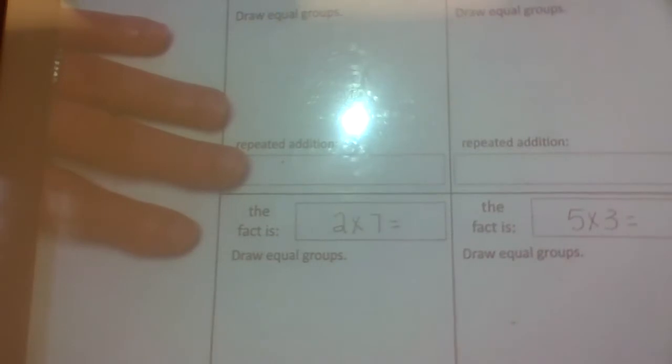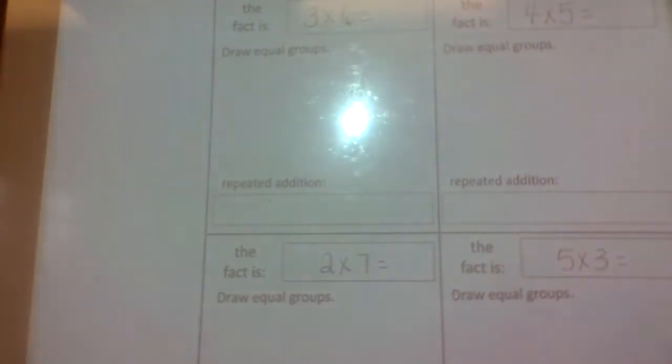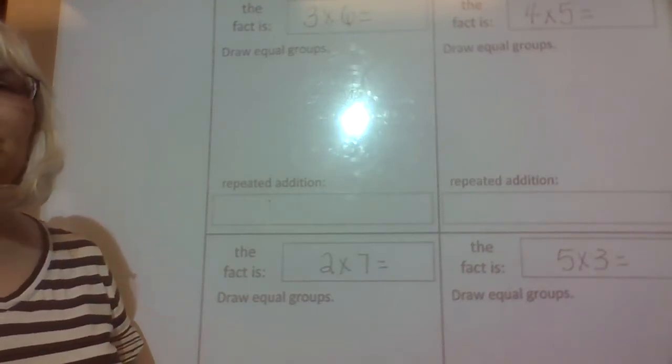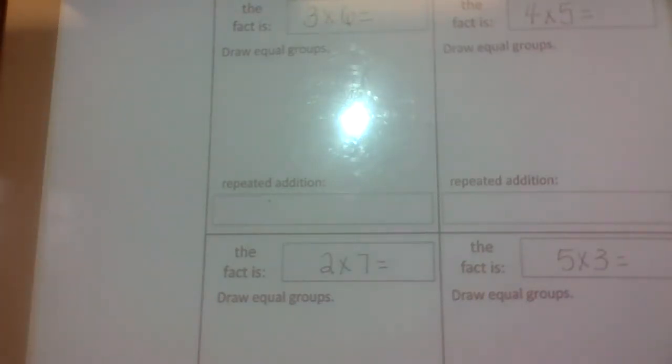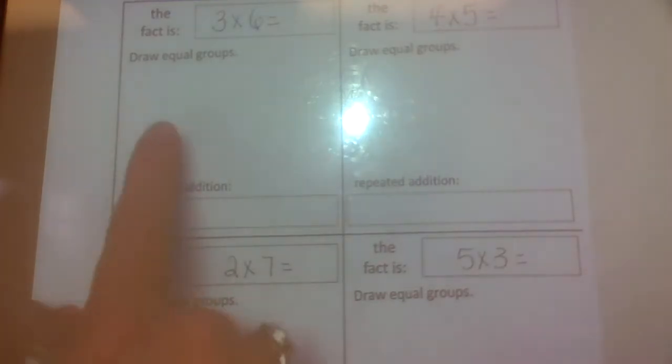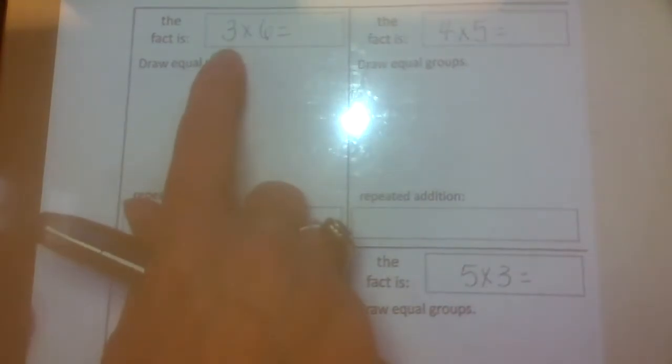All right, turn your paper over on the back, and we are going to use what we have learned yesterday and today about the models for multiplication, repeated addition, and equal groups. Okay, so if our fact is 3 times 6, how would we do that with equal groups? Remember, how many groups is it? 3.